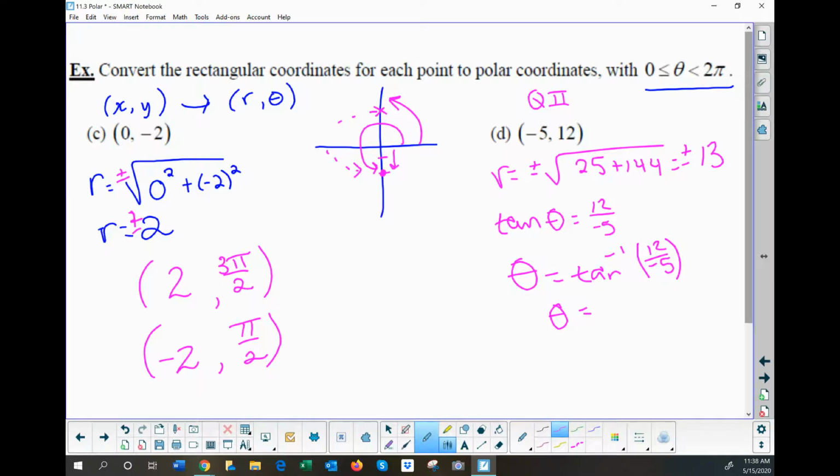I'm going to look at my notes here. A theta of negative 1.176. However, I cannot have a negative value, so let's just add 2 pi to that amount to swing it into a positive angle expression.